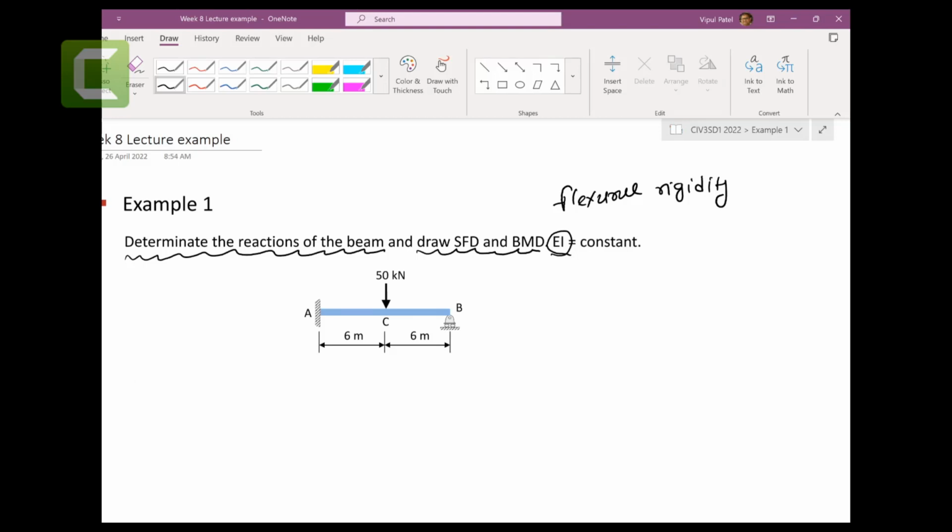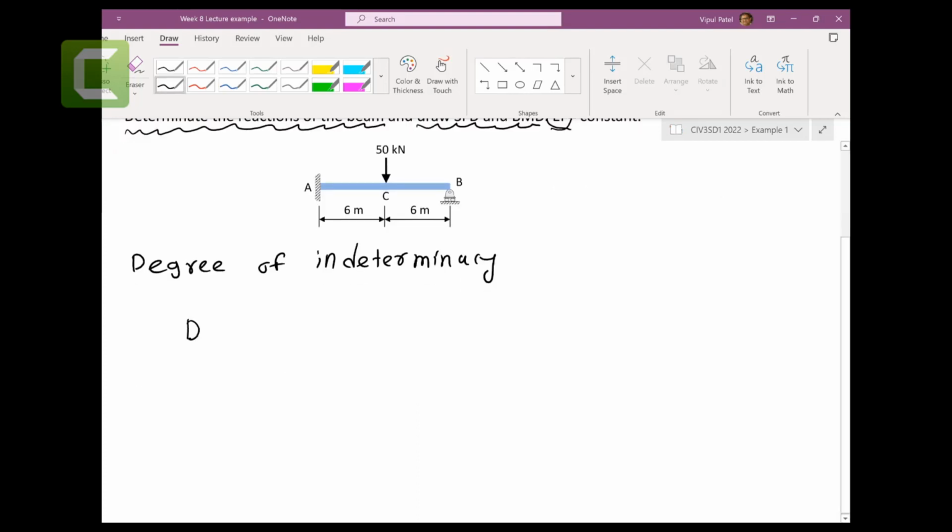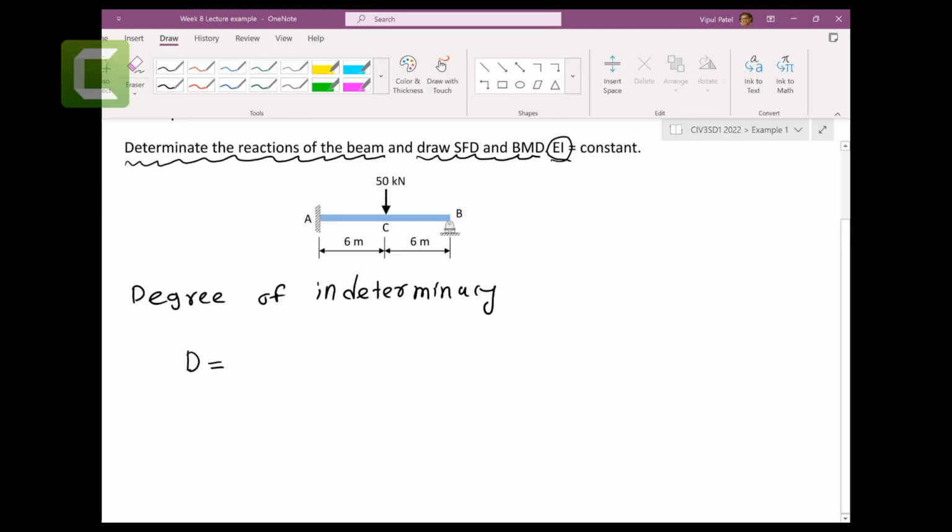Step number 1, we're going to find the degree of indeterminacy. How are we going to find it? There is an equation: 3m plus r minus 3n.